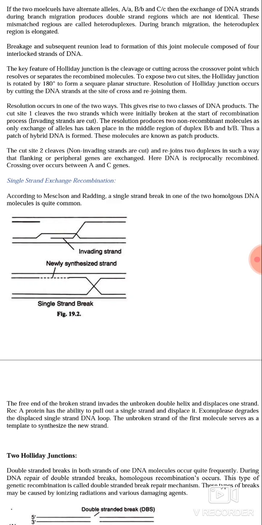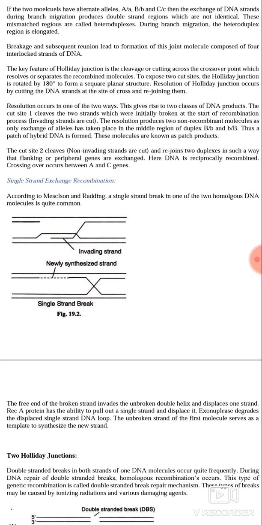During branch migration, the heteroduplex region is elongated. Breakage and subsequent reunion lead to formation of this joint molecule composed of four interlocked strands of DNA.